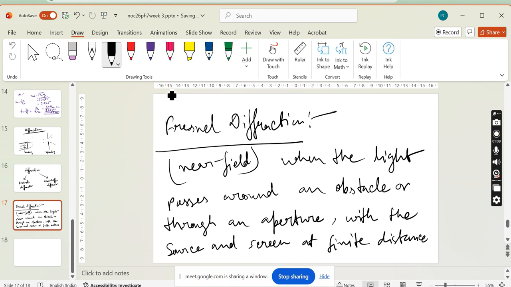If the light is coming from a very large distance, if the source is kept at a very large distance, the light beams are parallel. But if it's coming from a nearby source, the wavefront is not plane. The parallel is not a good way to say that.